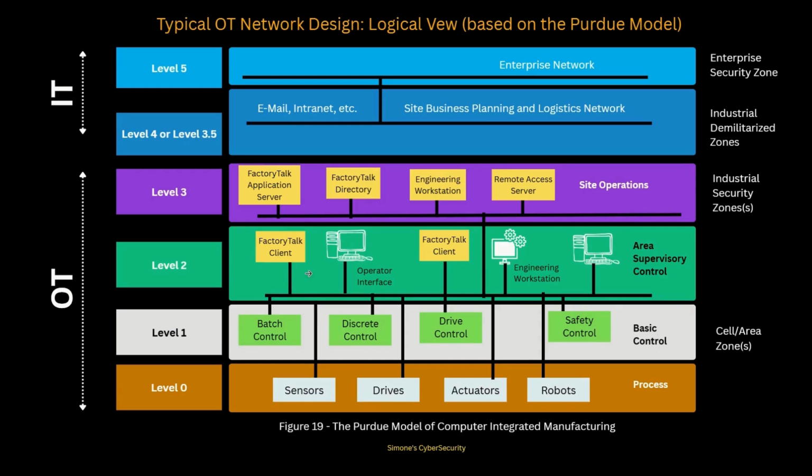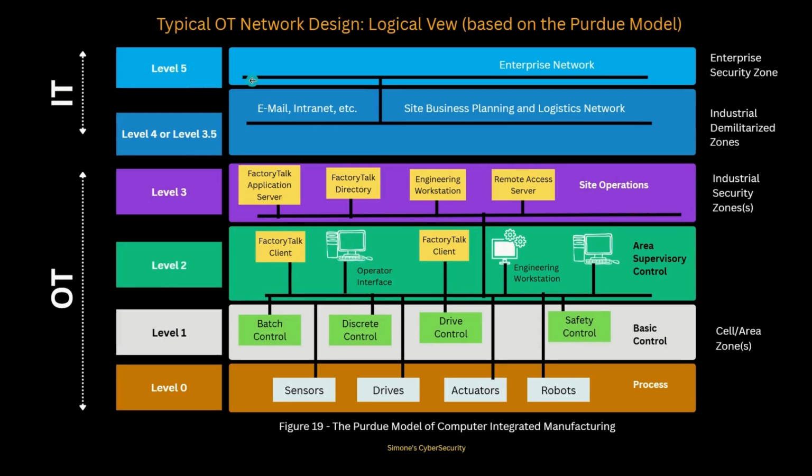So for now, don't get overwhelmed by all these boxes and layers. Just remember that this diagram is showing you two things together. One, the hierarchy of control across Purdue levels. And the second, the security zones that help isolate IT from OT.